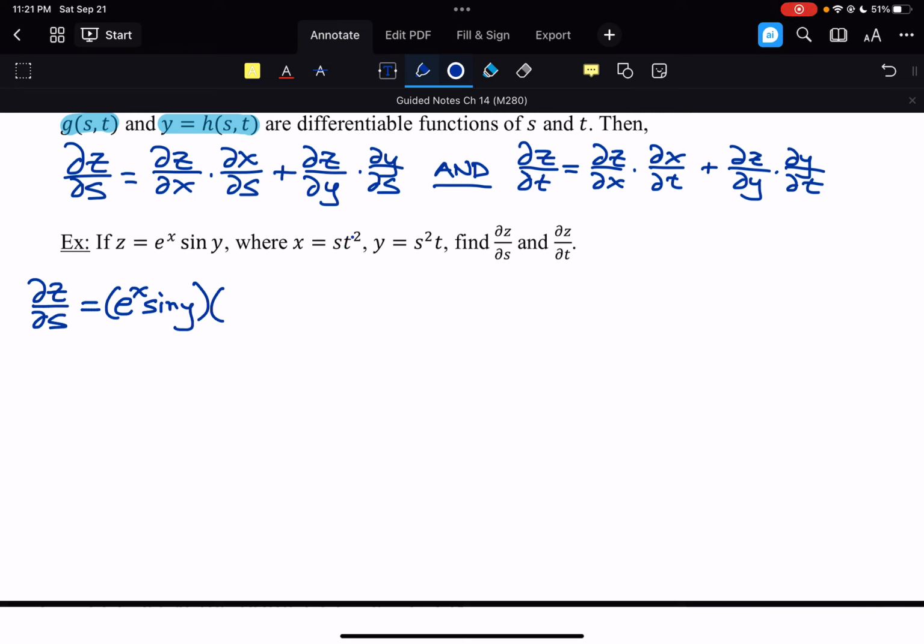That's going to be a 1 and then just a t squared, plus partial z with respect to y, so that's e to the x cosine of y, times partial y with respect to s. So we bring down that 2, that's 2st.